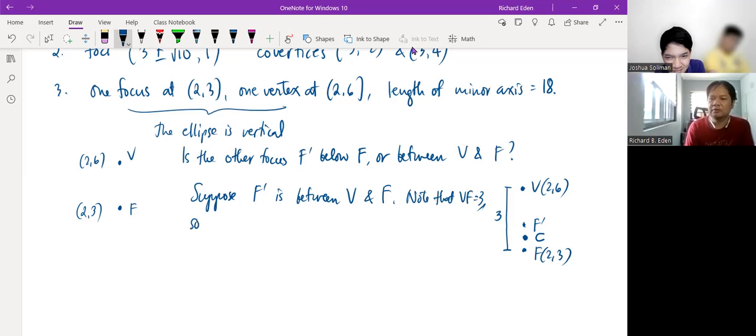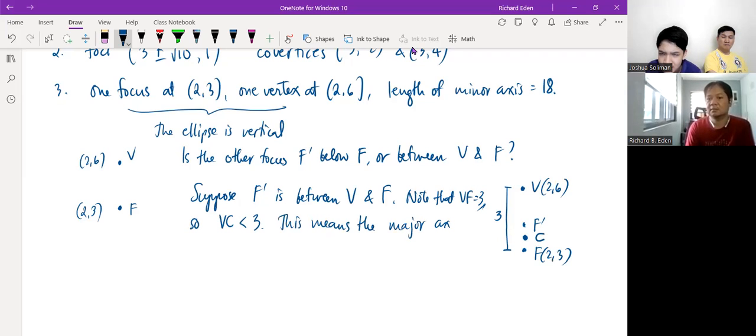So from the vertex to the center, that's definitely going to be less than 3. This means the major axis has length twice VC, which is less than 6.